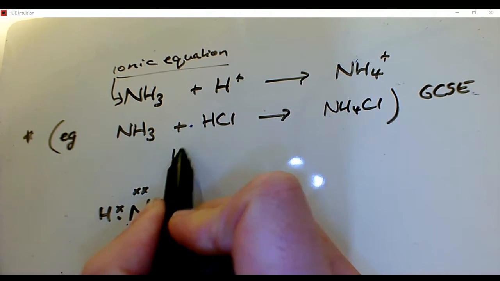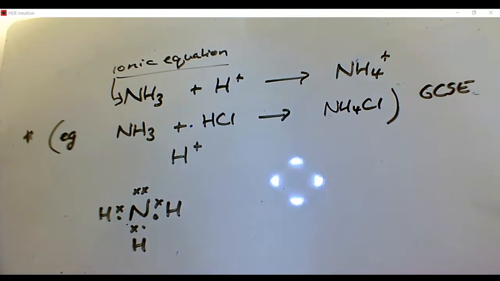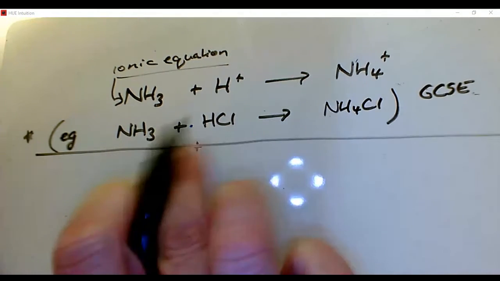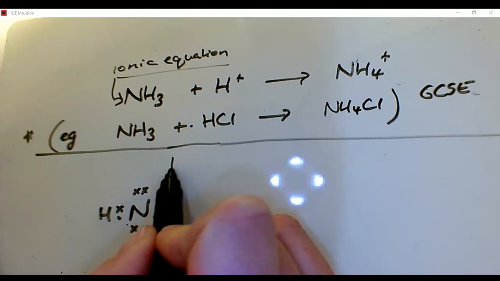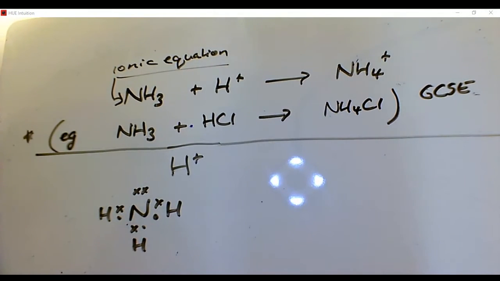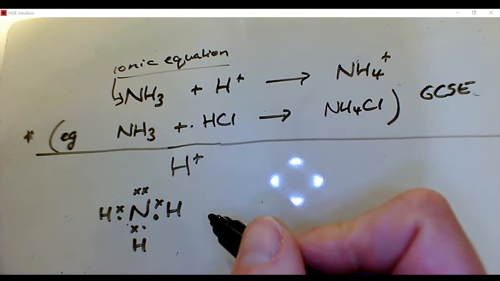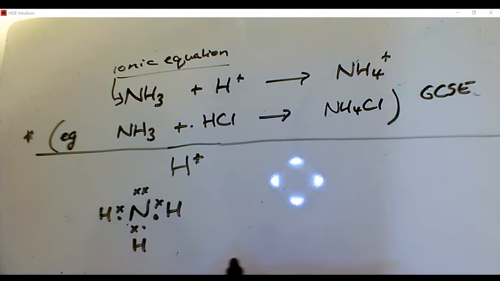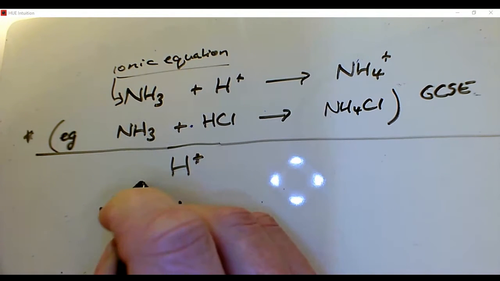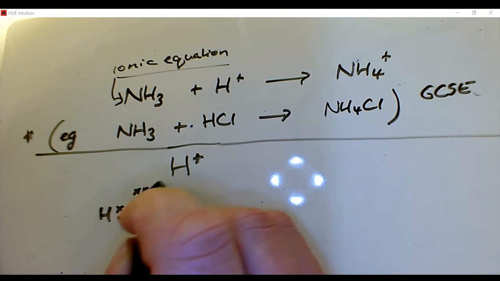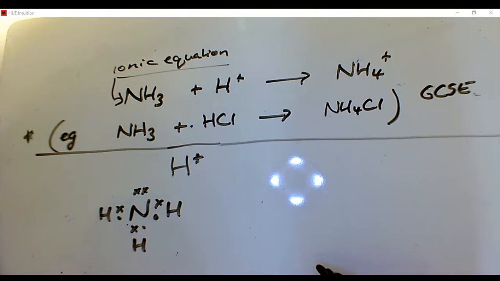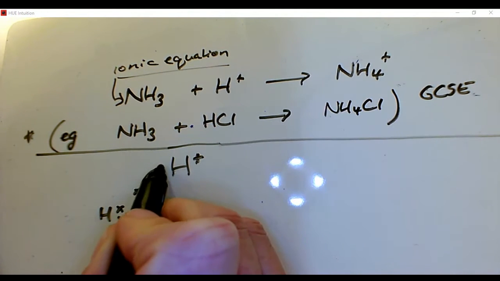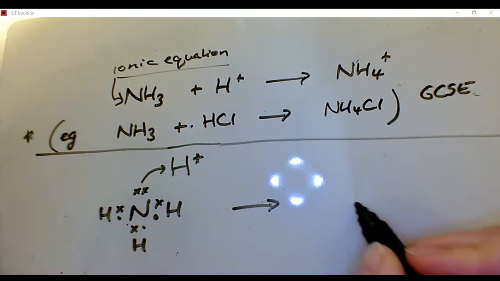If we have our hydrogen ion, let's put a line here. So our hydrogen ion is effectively just a proton, if you think about it. It has no electrons, it has 1 proton and no neutrons. So what happens here is this nitrogen is going to share its pair of electrons with this hydrogen, and you're going to end up with this.